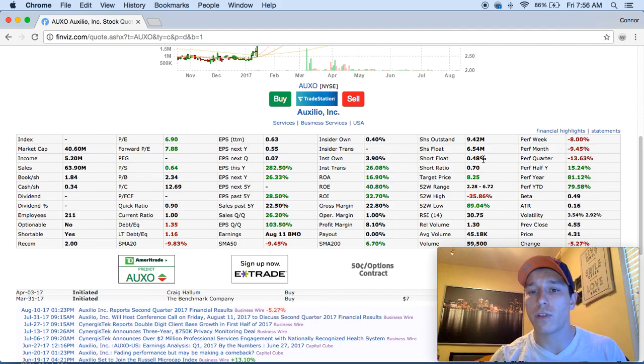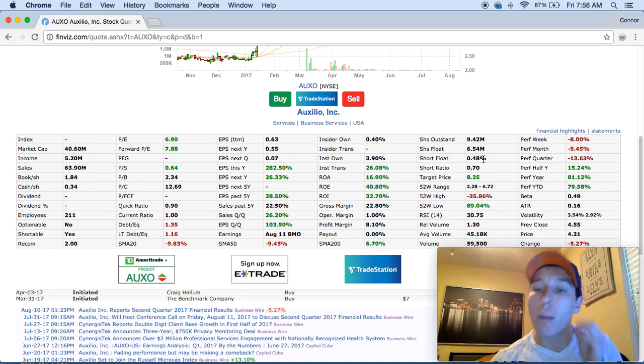And then the short float is the amount of the float that is actually being shorted. Okay, so only 0.48% of the actual float is shorting the stock, signaling that you're not going to get short squeezes, and you shouldn't expect a big drop from it due to shorts. All right, but we can go into stuff like that later.